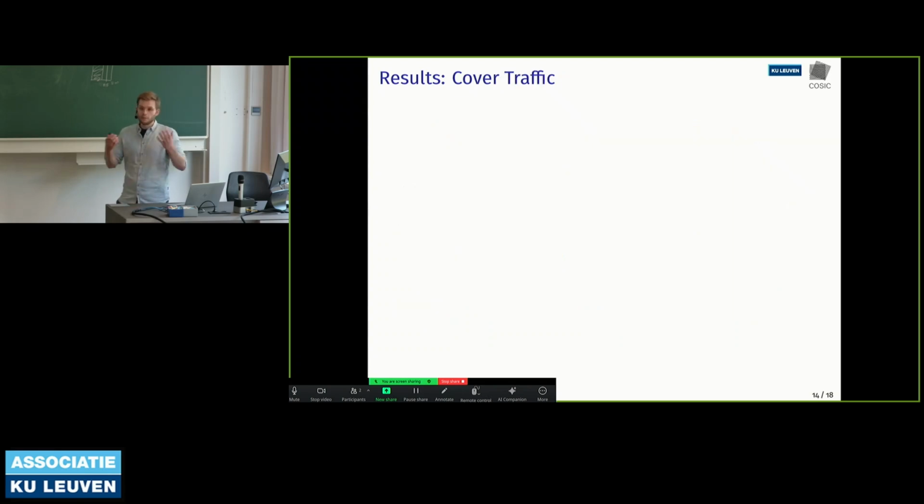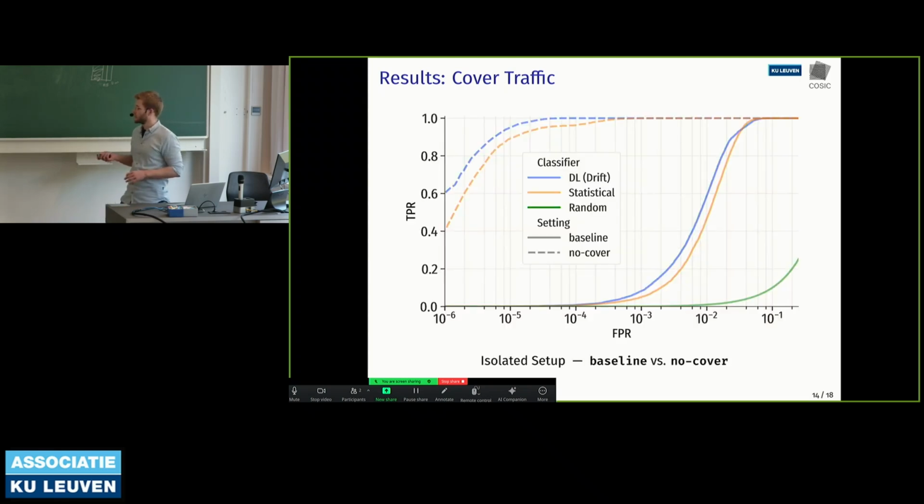Now the question is, does this loop cover traffic add anything? Like, does it help make our attack harder? So this is where we contrast the baseline dataset as before and the no cover dataset, where we removed all loop cover traffic. And the number of observations represented here is 100, the lowest number of observations that I showed before. This is where we compare performance, okay? And you can see, yes, it has an impact.